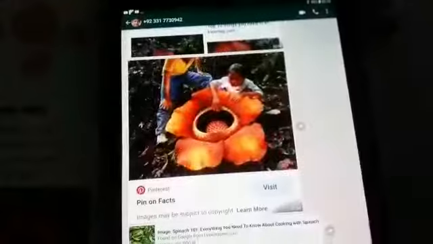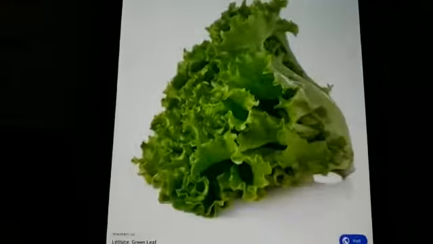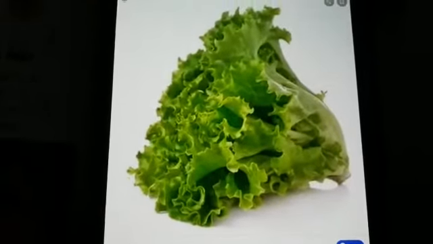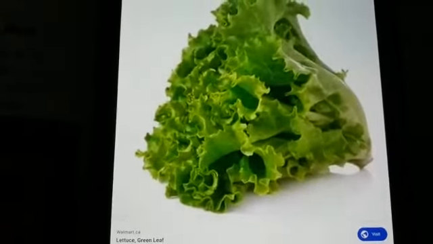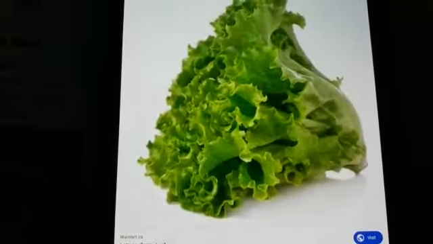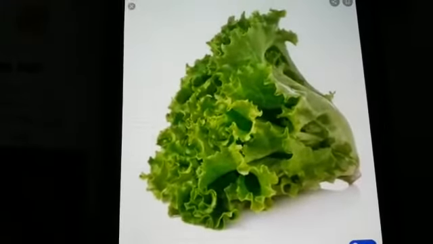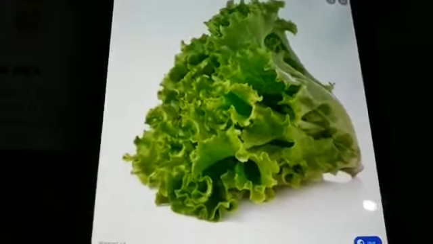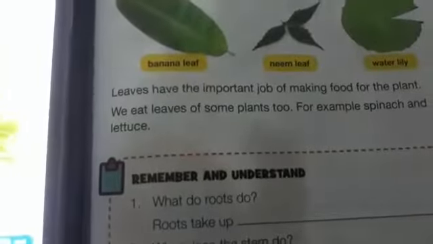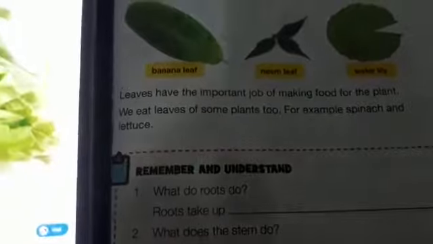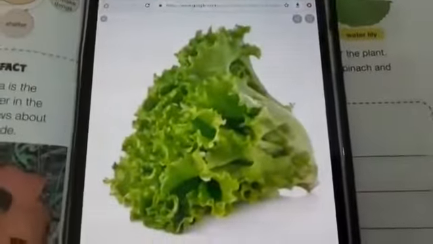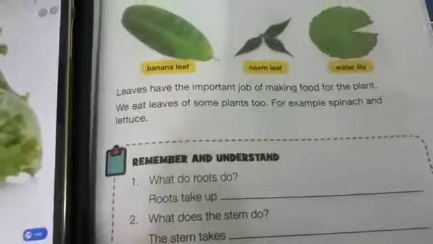And after that, lettuce leaf. We use it in salad as well, and we eat it without cooking it. So we eat leaves of some plants too. The examples of these are lettuce and spinach. Clear?